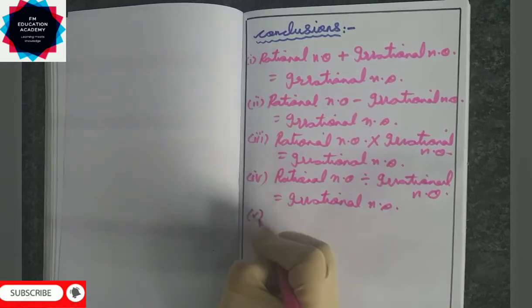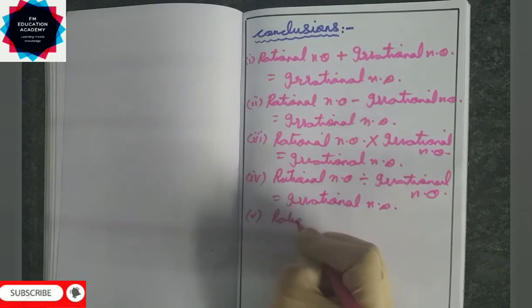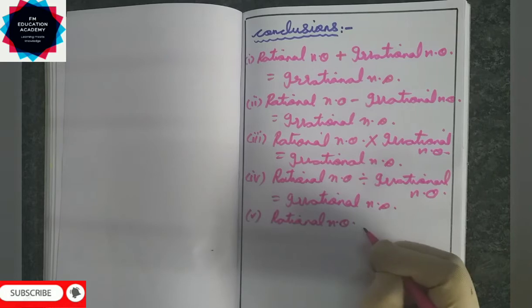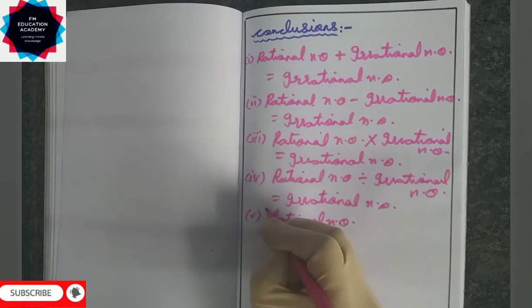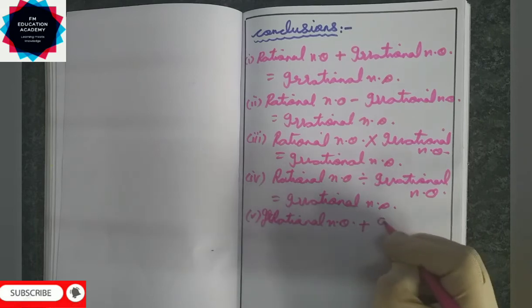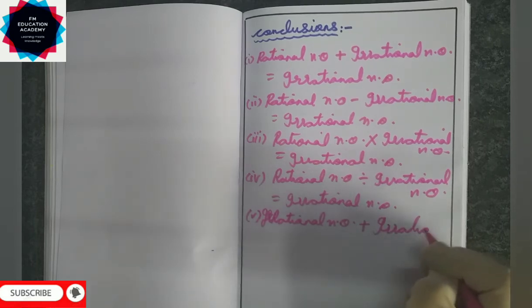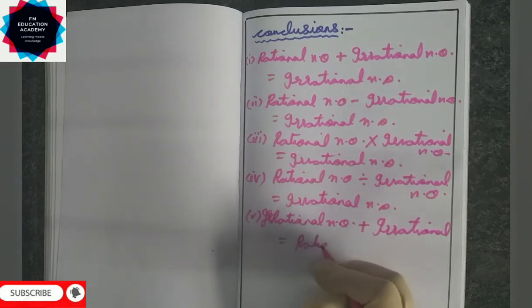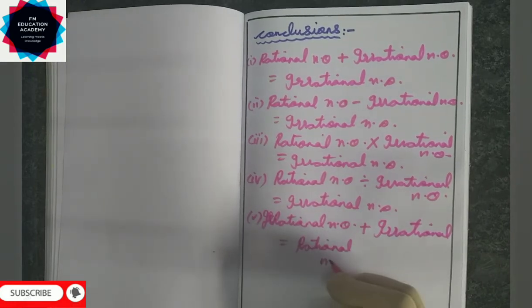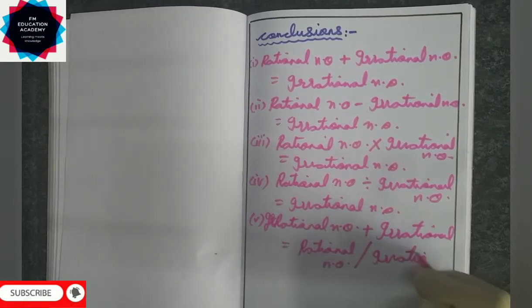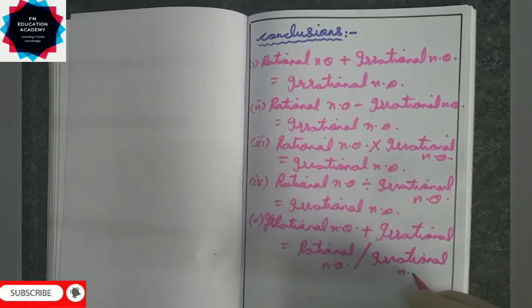The fifth concept is, suppose two numbers are irrational and I add them, it is not necessary that I will get an irrational number. That is, I may get a rational number or I may get an irrational number. That is why I am putting an oblique. It is not necessary that I will get an irrational number when I add both the irrational numbers.